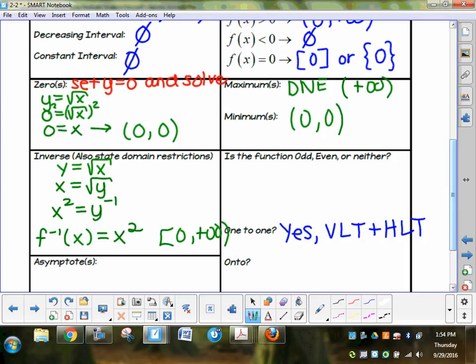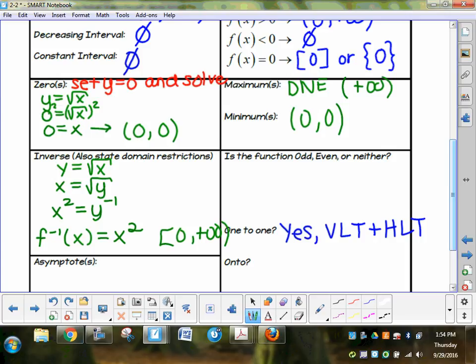Is this function onto? Some of you may remember this from last time. Does anyone recall if this is an onto function? No? We're testing the water? Onto functions are ones where every available output is used. Does this graph use every available output?